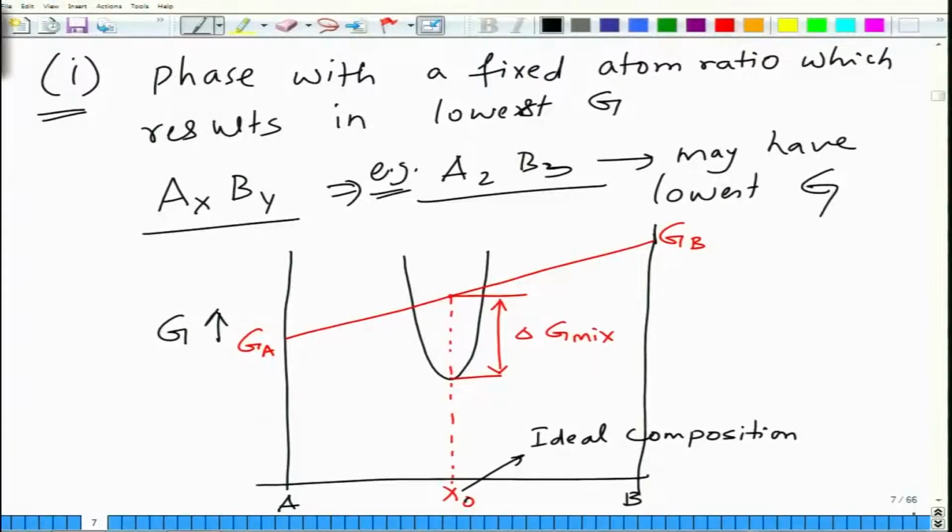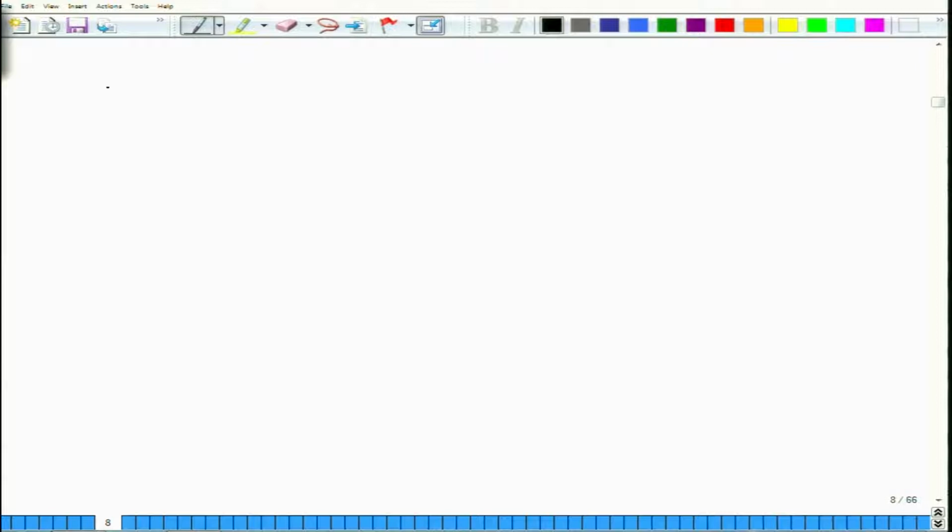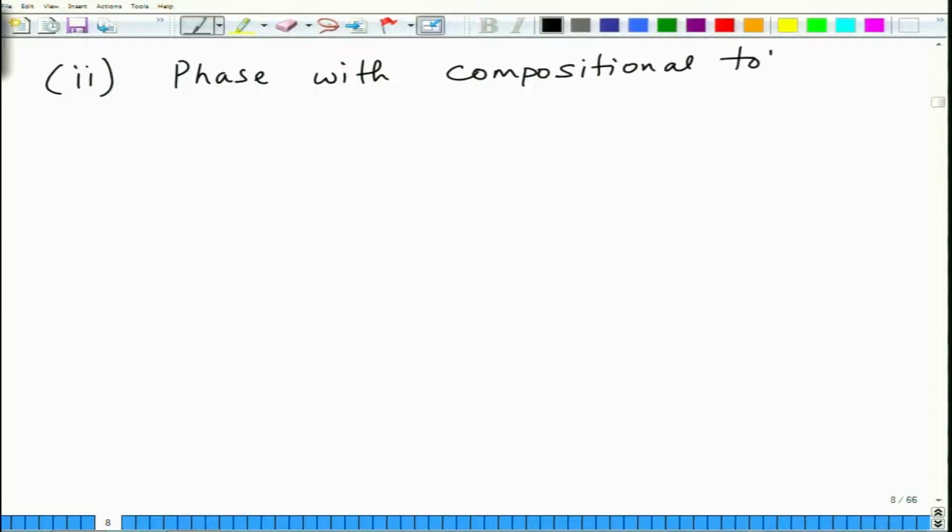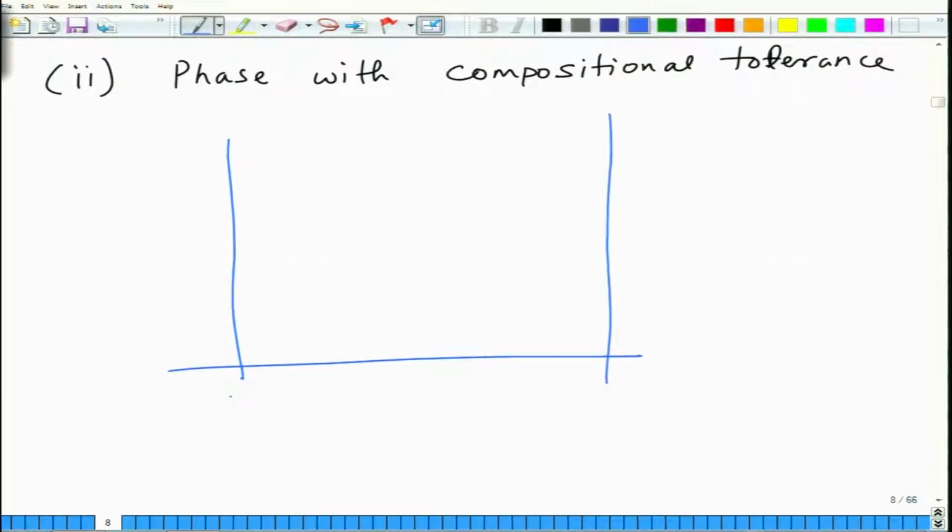On the other hand, you can have a scenario in which the phase has compositional tolerance. In such a case, the curve may be shallow like this.